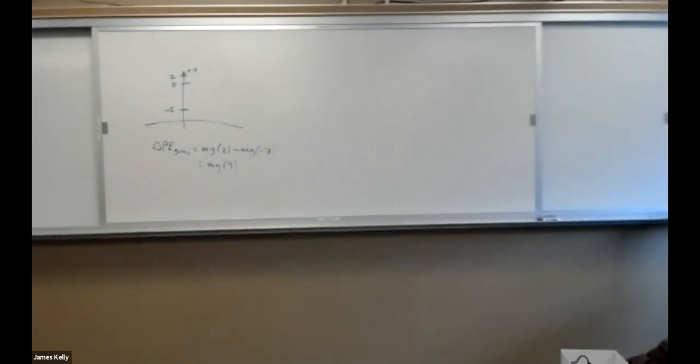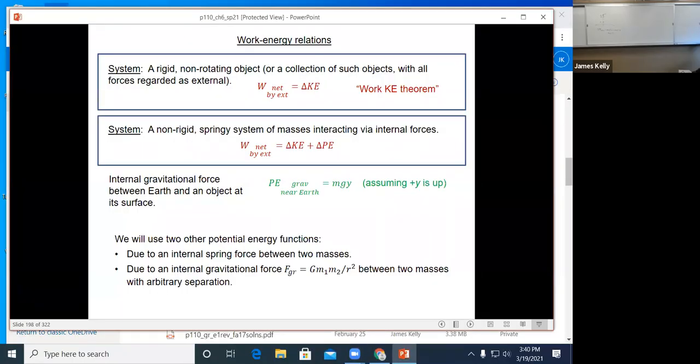So we're right now going to get an expression associated with the potential energy stored in the spring. And then finally, we're going to get another gravitational potential energy formula. The one we've got right now is only valid when one of your objects is near the surface of Earth.